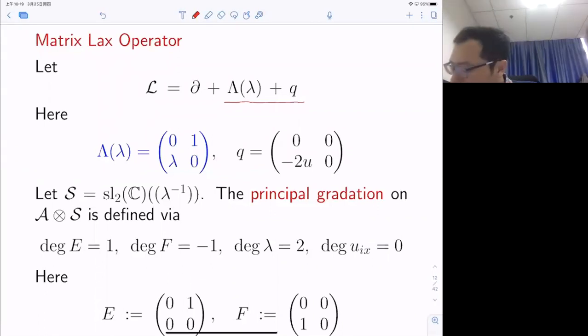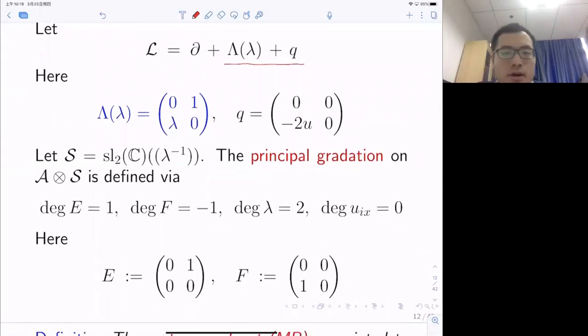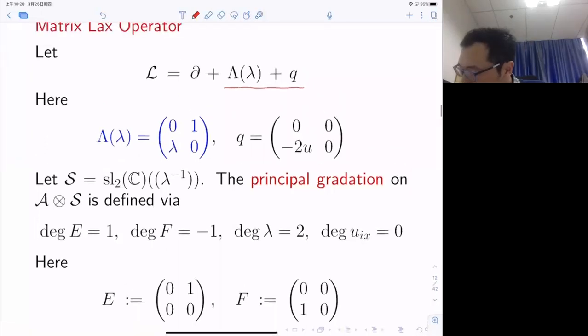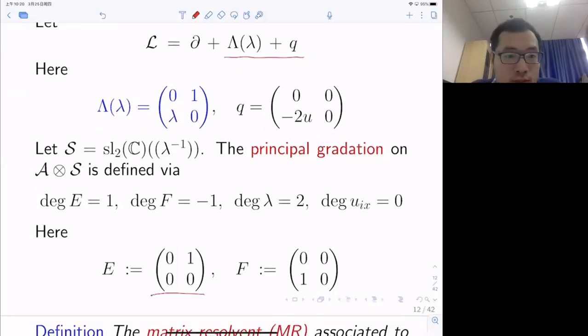So for the 2x2 matrices, we introduce a gradation for this sl2C valued formal Laurent series of lambda inverse. The gradation is given by we assign degree to this 0, 1, 0, 0, 1.